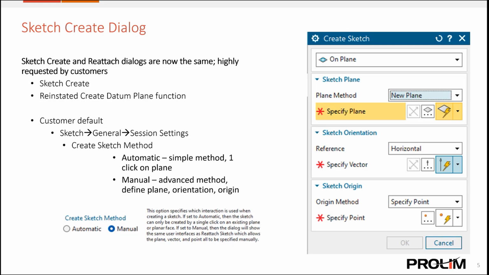You are no longer required to create a datum plane outside of the Sketch dialog box in case you have not already made one, and it's rather simple to execute and is similar to adding a datum plane like usual, so you can choose whether you'd like this toggled on or whether you'd like it off in your customer defaults. And that's pretty simple to do. Within your customer defaults, you go to your Sketch, General, and then your section settings, and then you can choose your Create Sketch method, whether you want that automatic or manual.